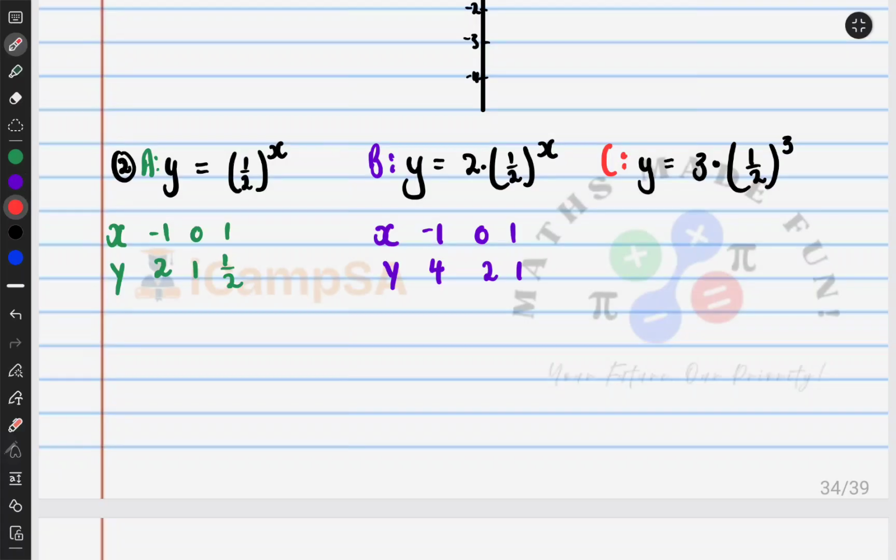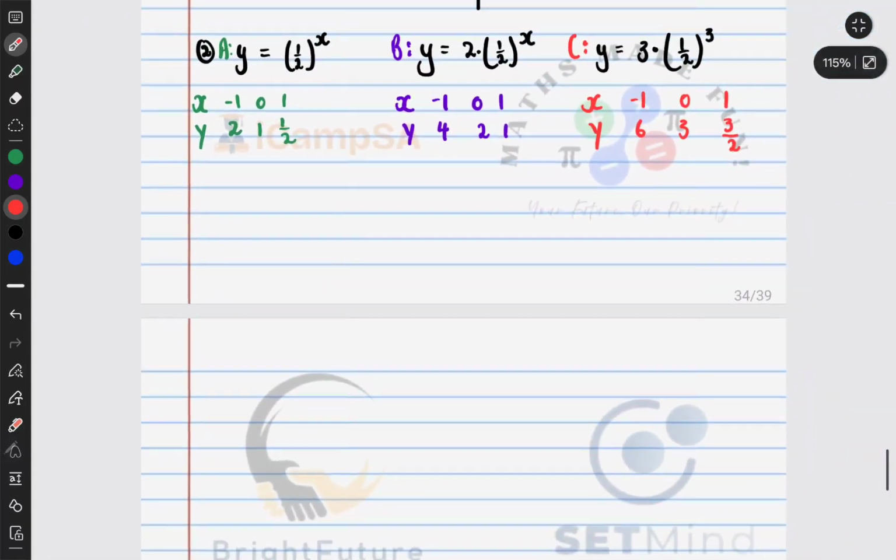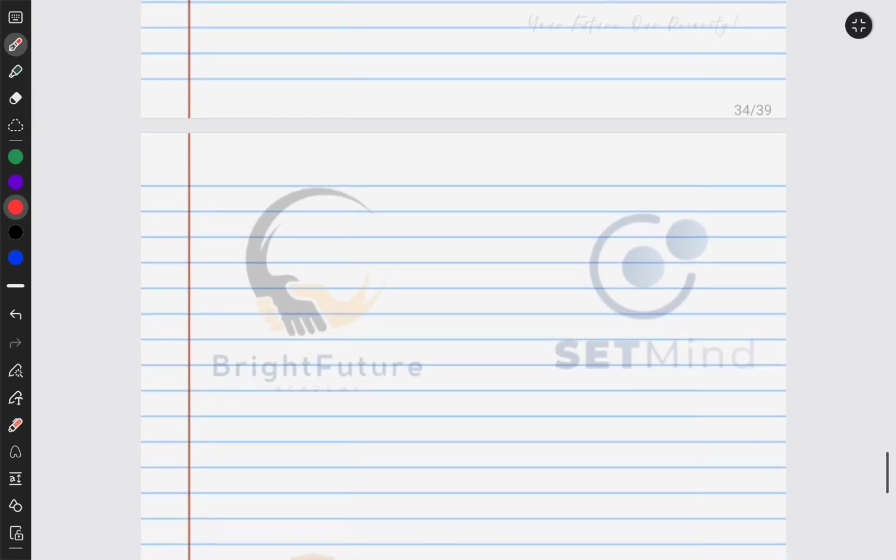Okay, and then for number c, x -1, 0, and 1, the corresponding y values will be 2 multiplied by 3 is 6, and then 0 is 3, and then we have 1/2, it's gonna be 3/2. Okay, and then once we have those, we can sketch our functions.